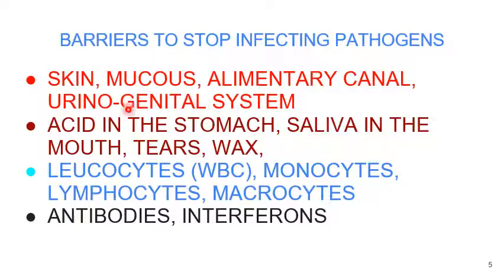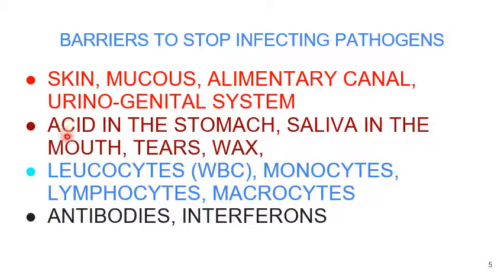Now here, the first one: skin, mucus, alimentary canal and urinogenital system are all the first level of the defense system in our body, and they are all physical type. They will stop the entry of the pathogen or the disease-producing organism right from the attack.